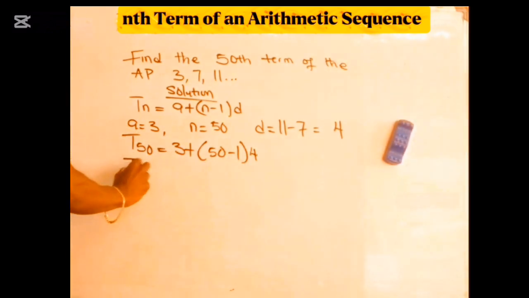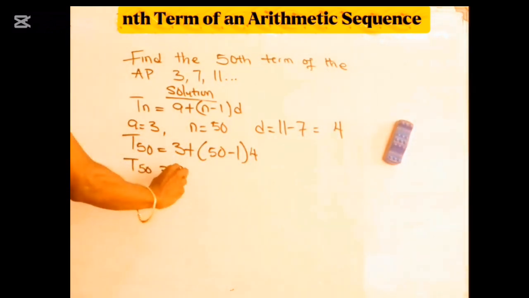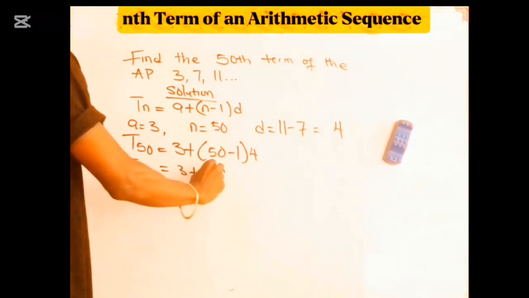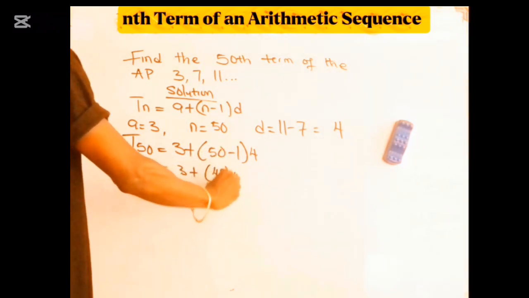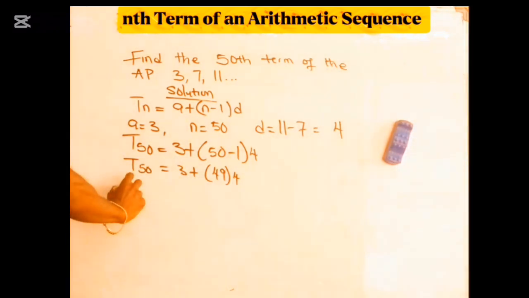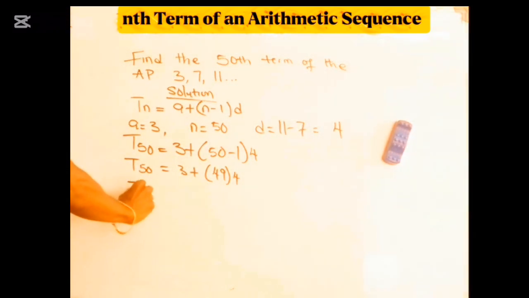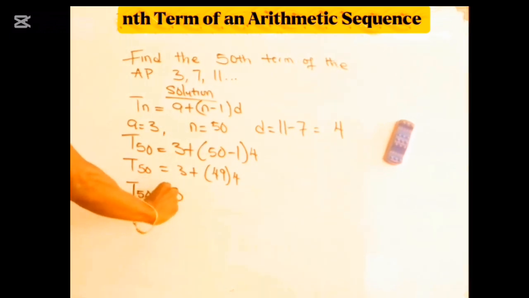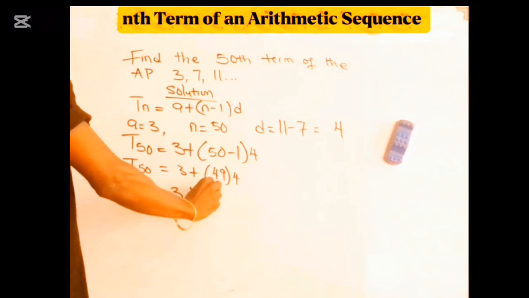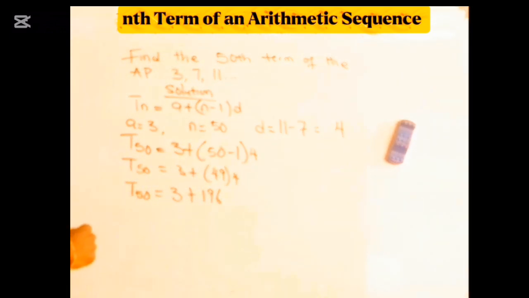So T50 will now be 3 plus 50 minus 1, that's 49 times 4. Therefore, the 50th term will now be 3 plus 49 times 4, which is 196.